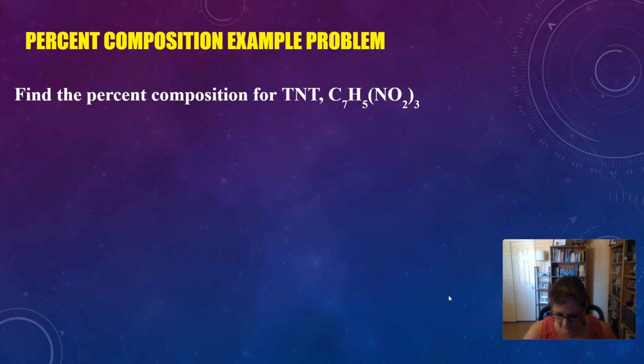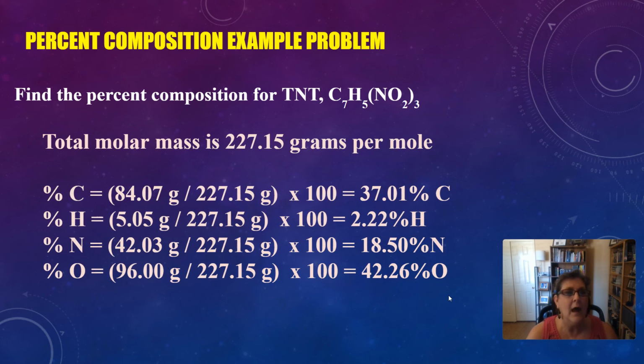And we're back. So I'm going to put up the answer. Again, the total molar mass for TNT is 227.15 grams per mole. The percent carbon, there are 7 carbons. So we take 12.01 times 7 to get 84.07 grams.